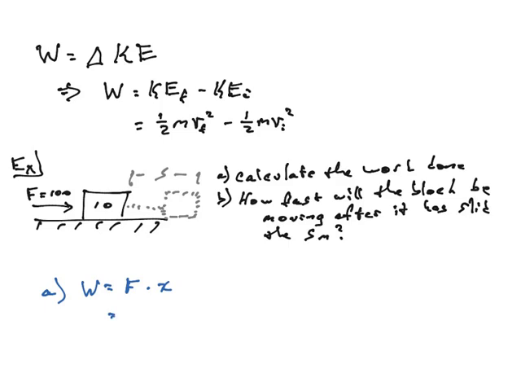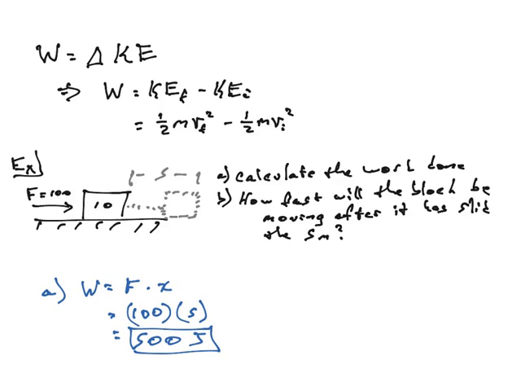What are all the forces in the x direction here? Well, I've got the 100 moving to the right times the distance it moves to the right, which is 5. And there are no other x forces. So there's only one work I have to calculate, and I get 500 joules. So that's what we did last time.